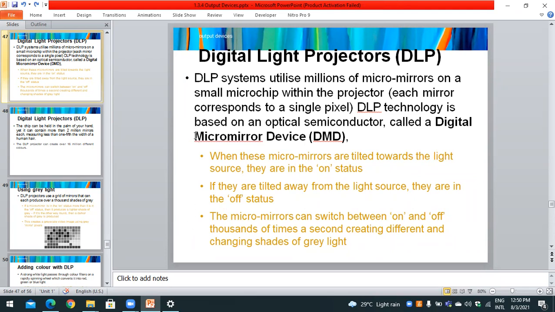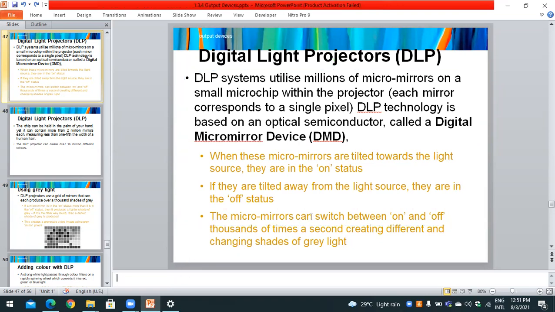Which means that if I am going to display this entire multimedia presentation on a DLP projector, the mirrors used to reflect this part of the D are in off state, and the middle area is in on state. So this is how our multimedia projection is going to work.